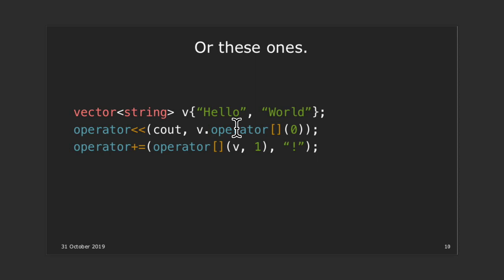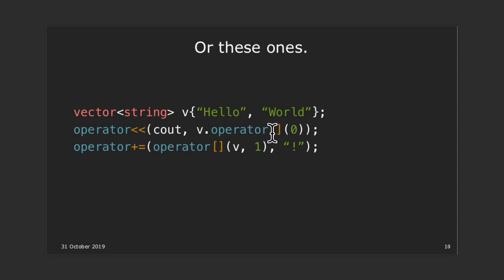Question. Just a super small point. When you do the bracket 0, how does it know that the 0 goes inside the brackets, whereas with plus equals, it goes on the right-hand side? Is it just built in? Yes, it is just built in. A good question.